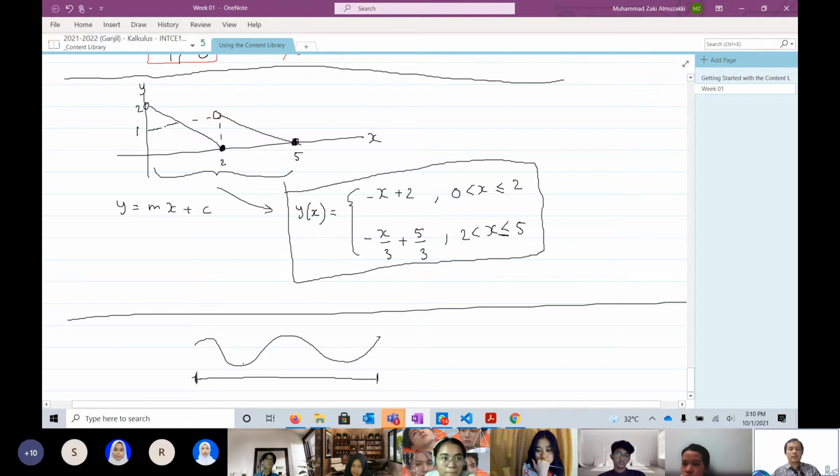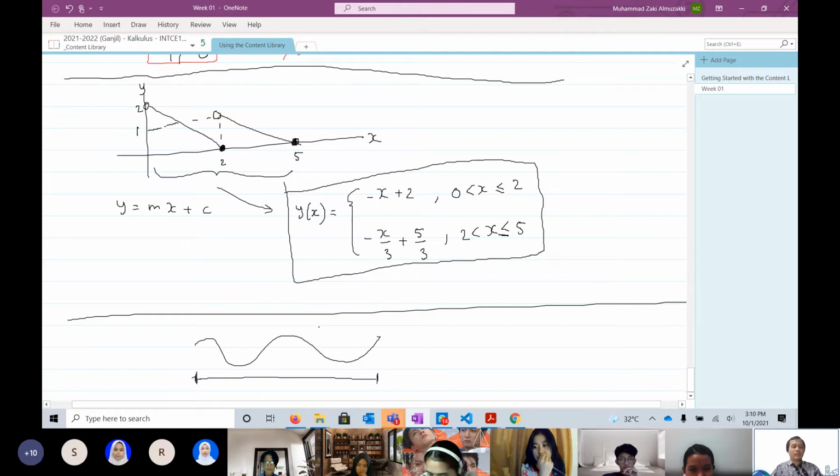Do we say that the function is increasing or decreasing, or both increasing and decreasing, or neither increasing nor decreasing in this case? What is the correct answer? I think it's both, sir.